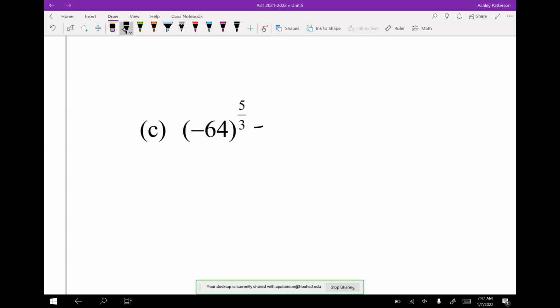Let's rewrite this, everyone. What is our index? 3. Lovely. So we're going to say that it is the cube root of negative 64 to the 5th power.